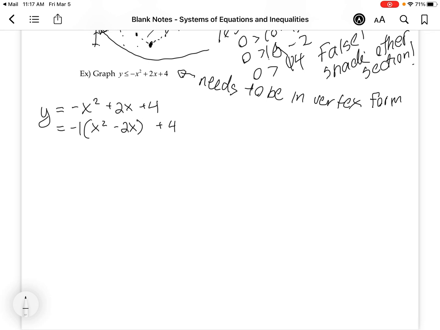So half the value of negative 2 is negative 1. When I square it, I get positive 1. So I'm going to add positive 1 and subtract 1 inside the bracket. Okay, and now I'm going to take that last term outside of the bracket, and I have to make sure I multiply it by this a value that I factored out when I do so.